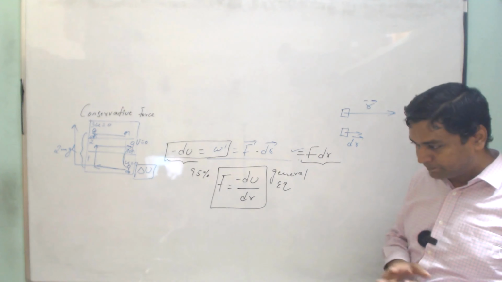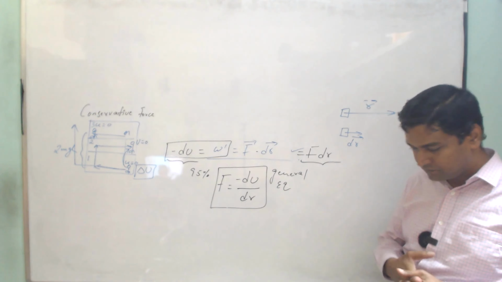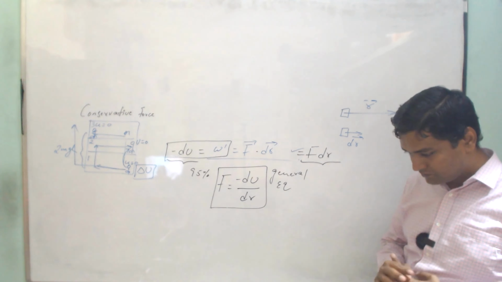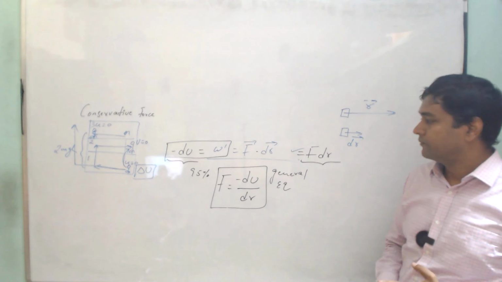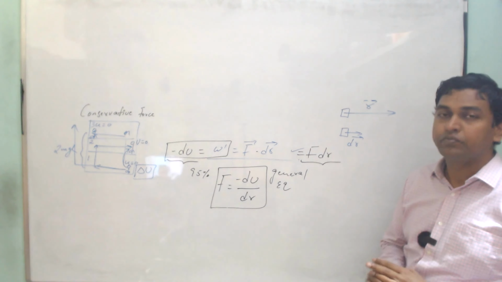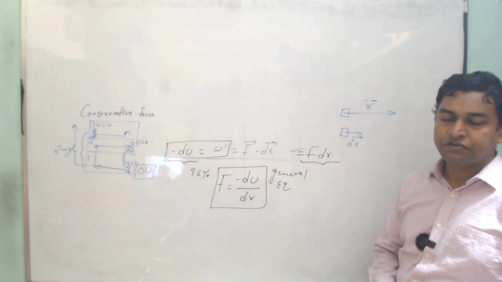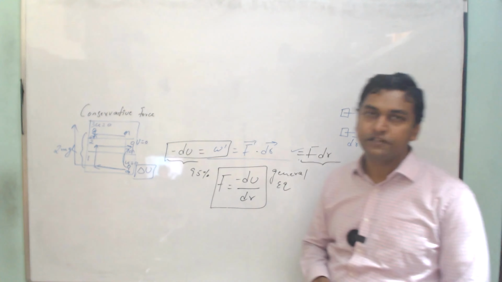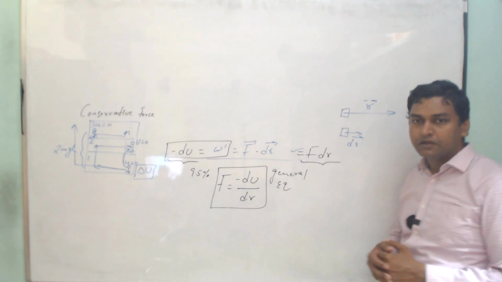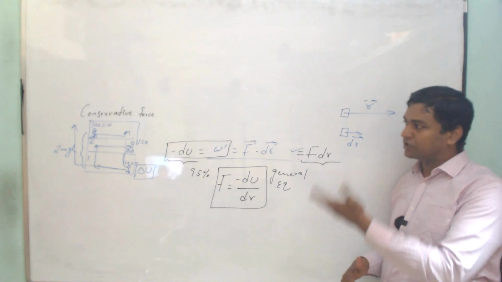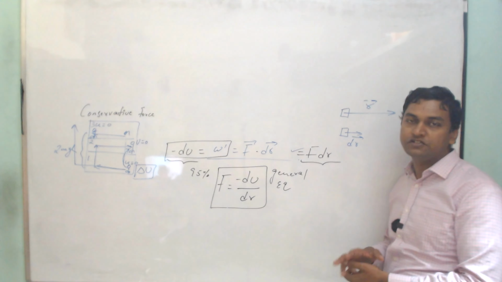So the overall point is, don't take the words conservative force so seriously. Nothing to do. I didn't mention anything over here, right? We just wrote it step by step, and we got F is equal to minus dU by dr.